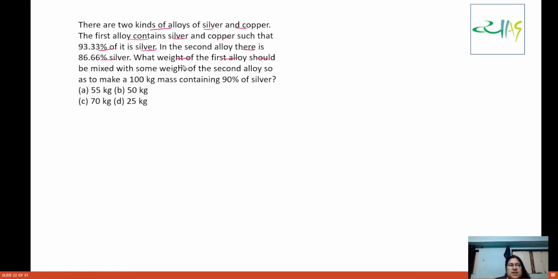What weight of the first alloy should be mixed with some weight of the second alloy so as to make a 100 kilogram mass containing 90% of silver. So we have one alloy containing 93.33% of silver, and another alloy with 86.66% of silver. So this is the first alloy, this is the second alloy.